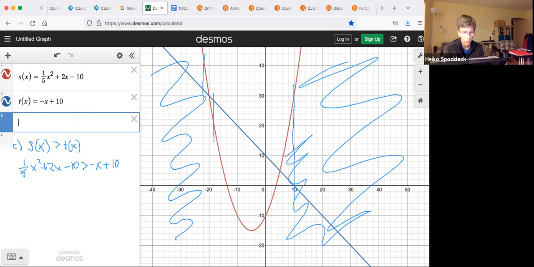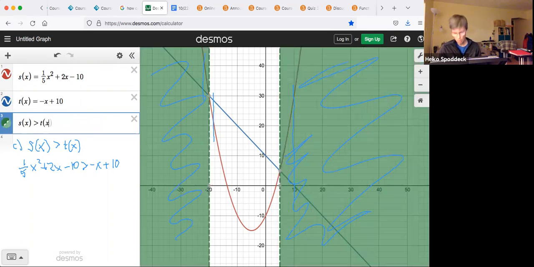And then I'm going to write S of X is greater than T of X. It doesn't work when you make an equal sign, but when you make an inequality, look at this, everything I shaded, now it shades it for you.